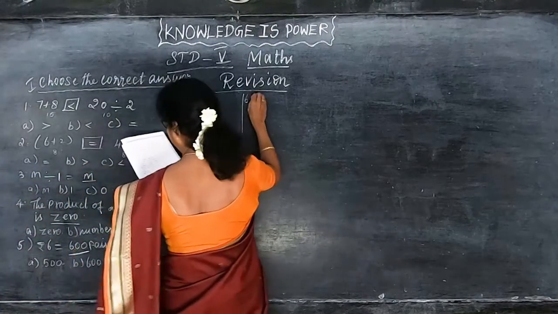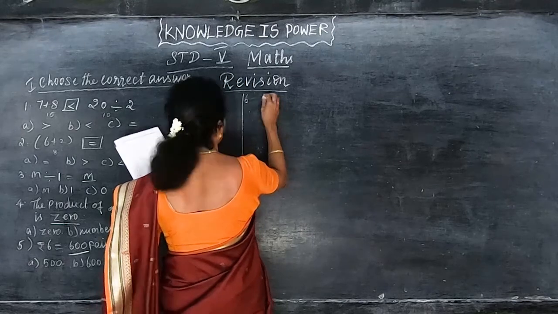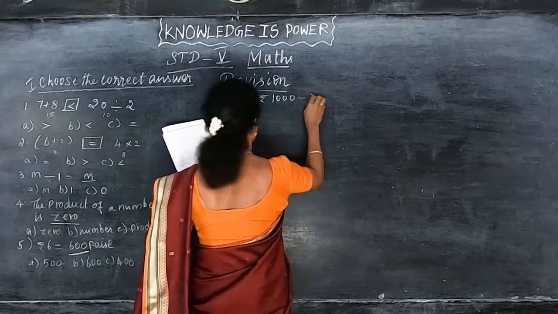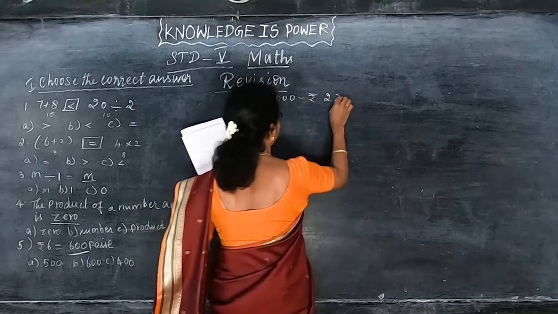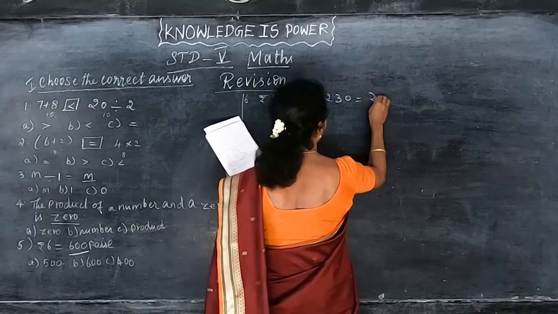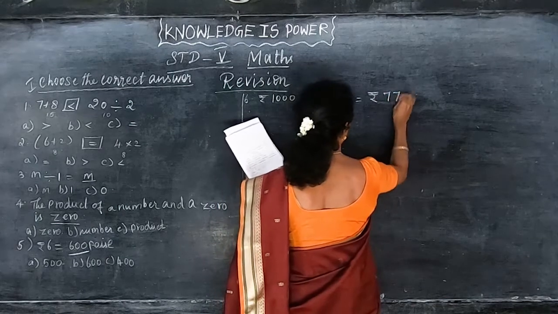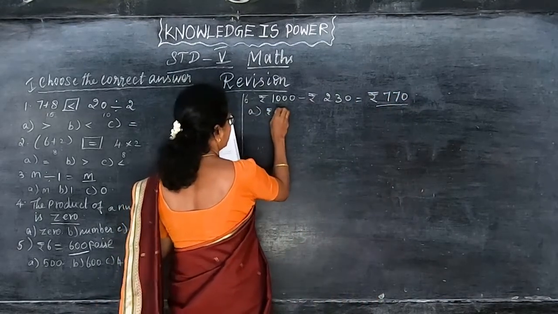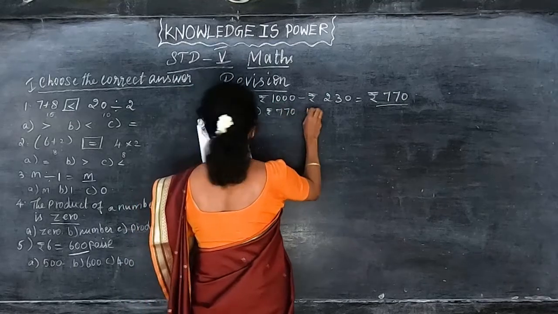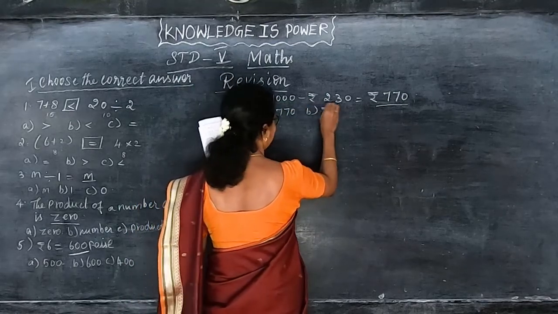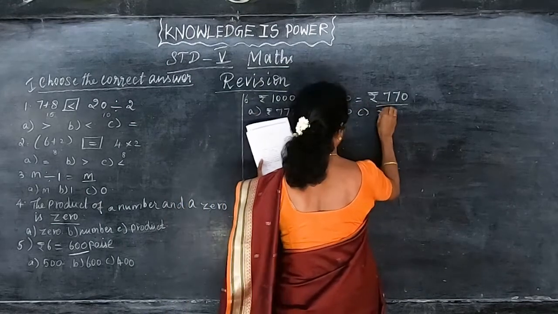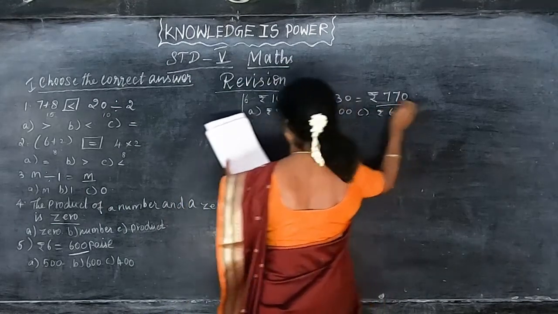And sixth one, rupees 1000 minus rupees 230 is equal to rupees 770. So your option A is rupees 770, B is rupees 700 and C is rupees 600.